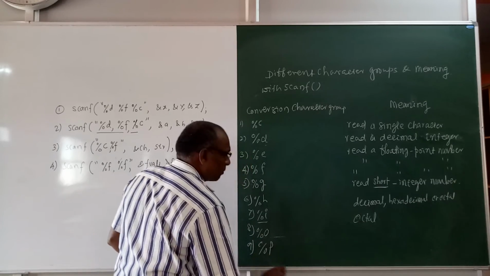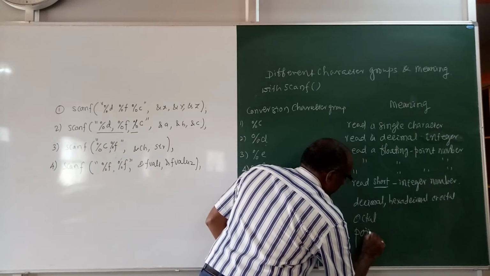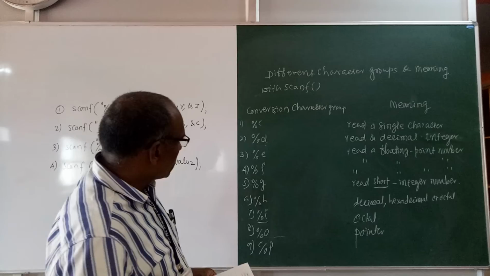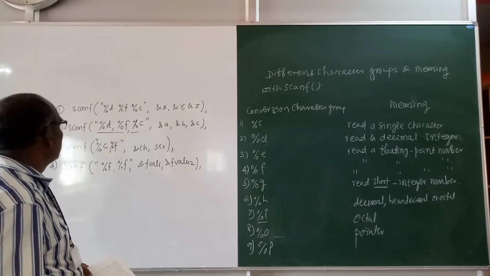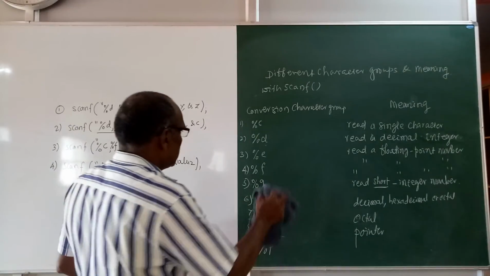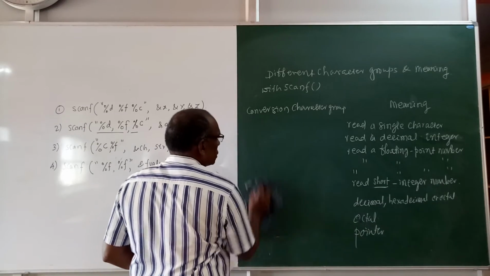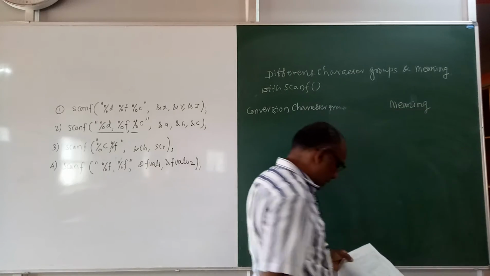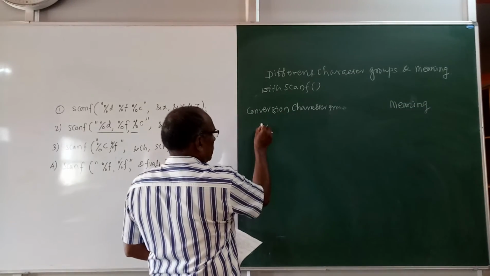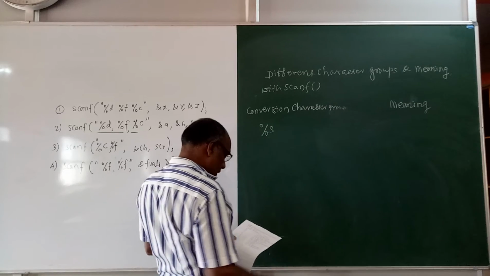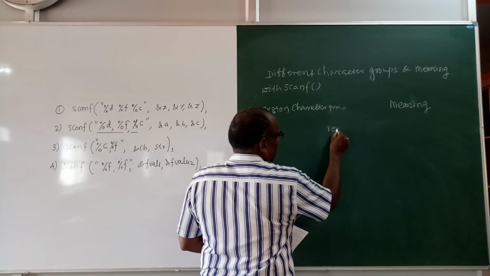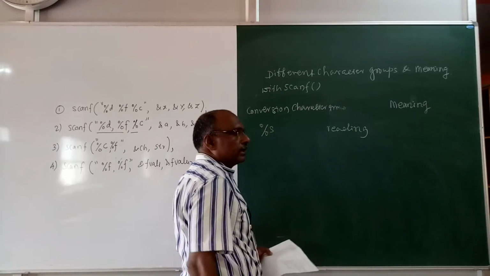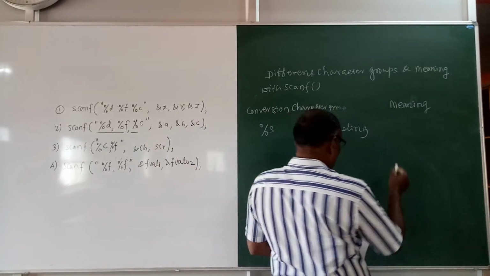Then percent P for pointer. Percent S, somewhere I have used, is used for string. Percent S is the control string for reading a string, since scanf is a reading input statement.